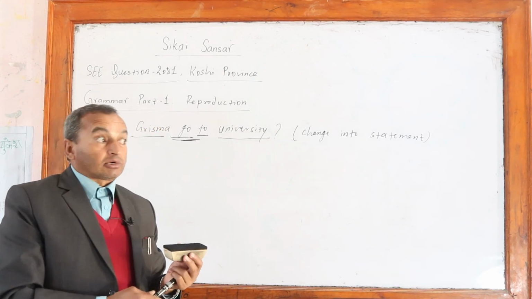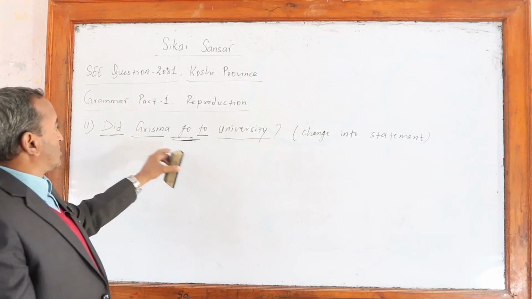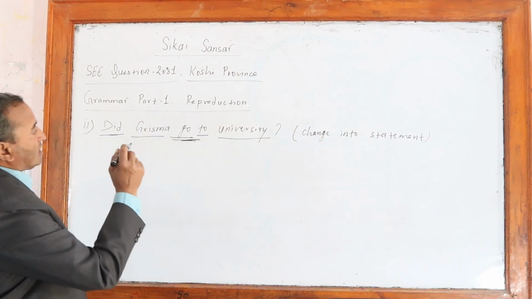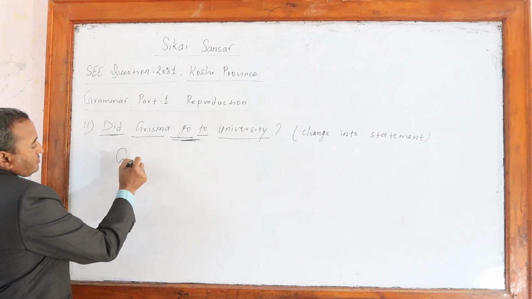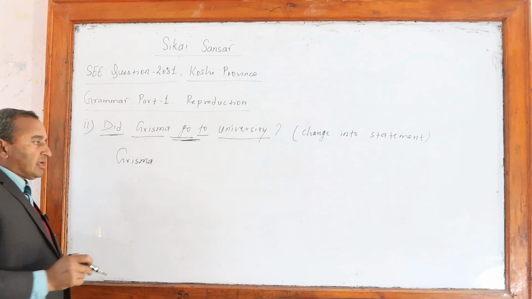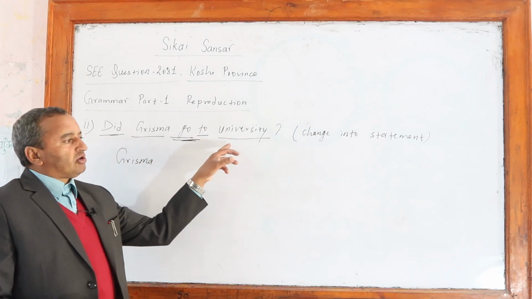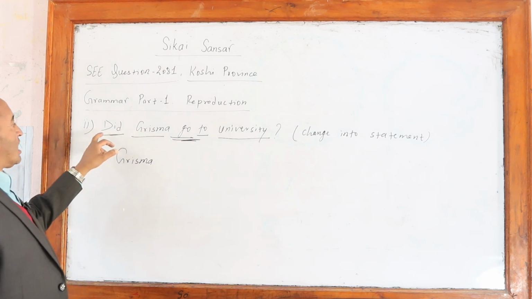write the subject first. So what is the subject here? Yes, Grishma is the subject. So we have to write Grishma first. Now, Grishma go to university. Go is there. Why is there V1? Because there was a did.